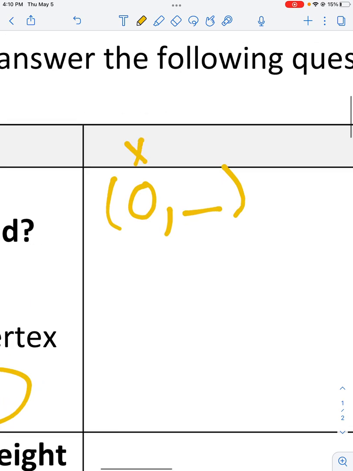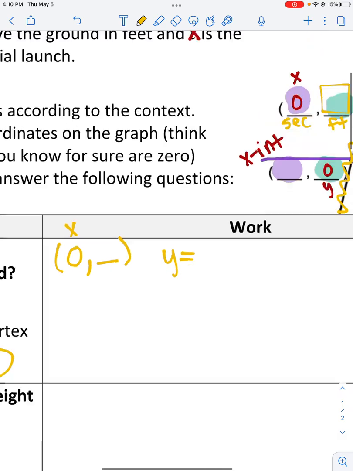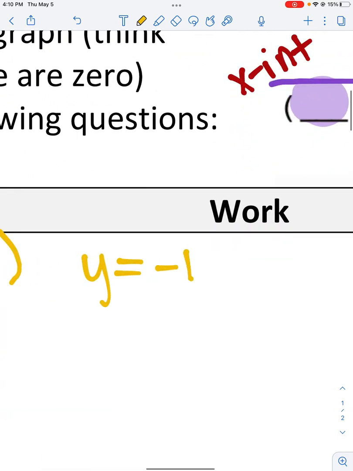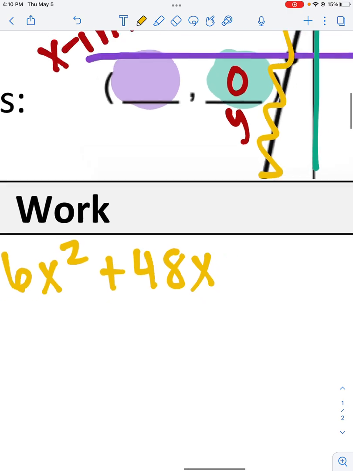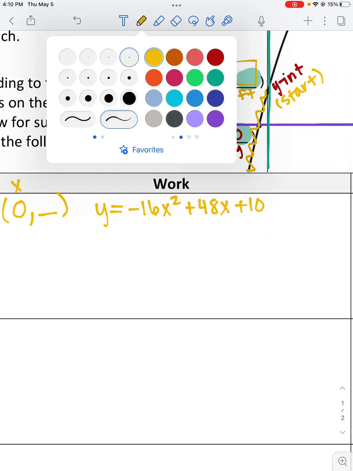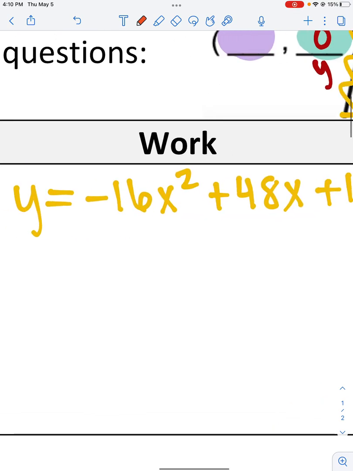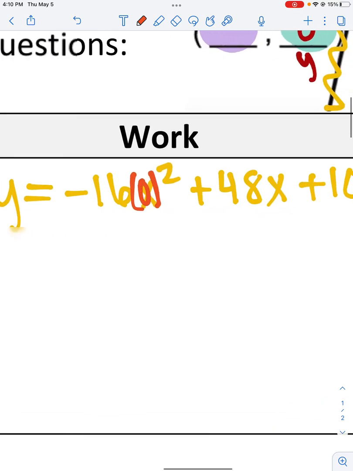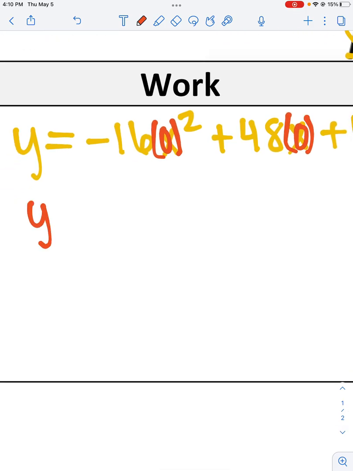So I put x into my equation: y equals negative 16x squared plus 48x plus 10. I am putting 0 in for my x's, 0 there and 0 there, and that will tell me what y equals.